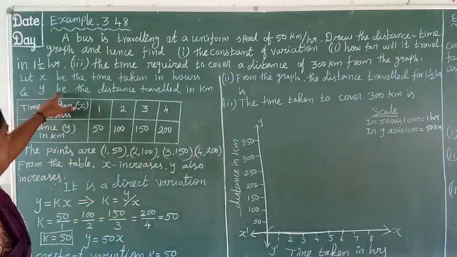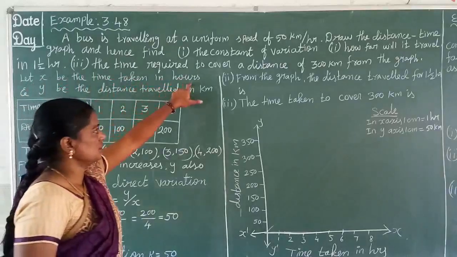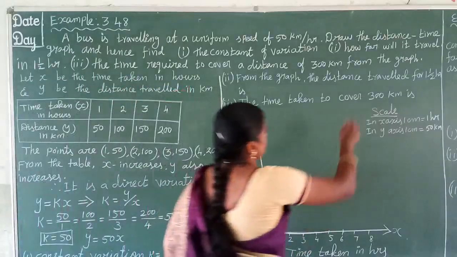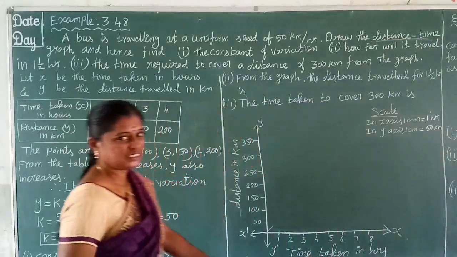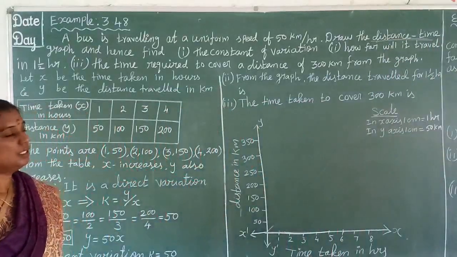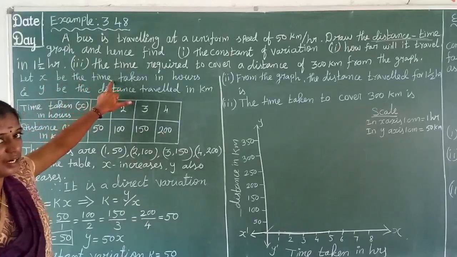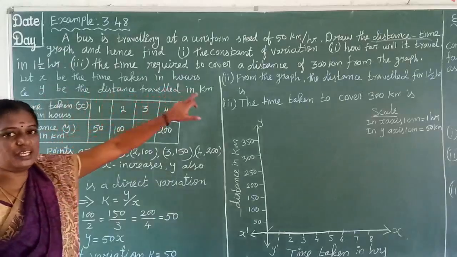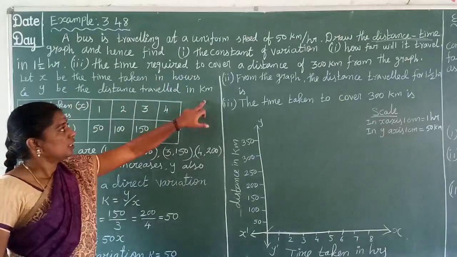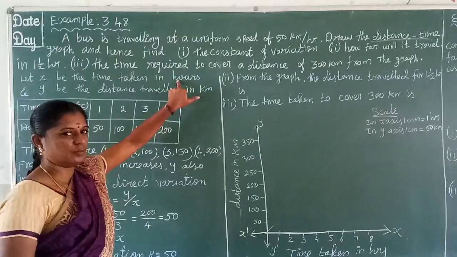So here we consider, let x be the time taken in hours. Here you want to find the distance-time relationship. So x we take as time taken in hours, and y we take as the distance travelled in kilometers. In our choice, instead of hours you can take minutes also, that is possible.